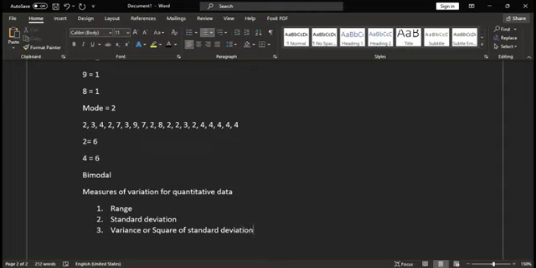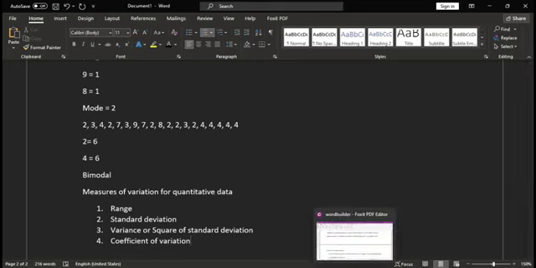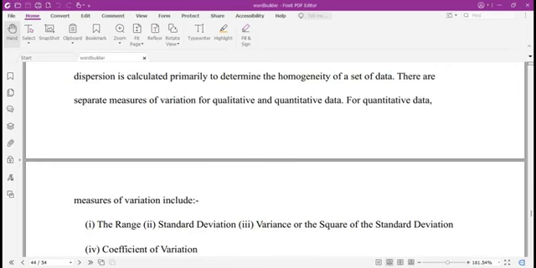Then the next one is coefficient of variation. So these are the 4 measures of variation for quantitative data.